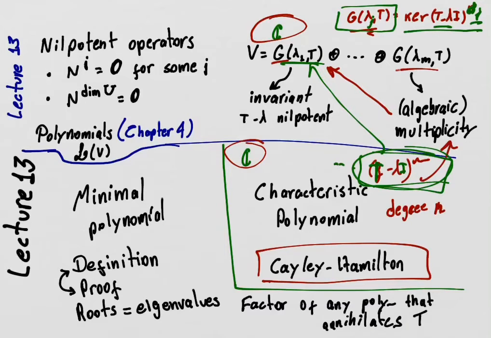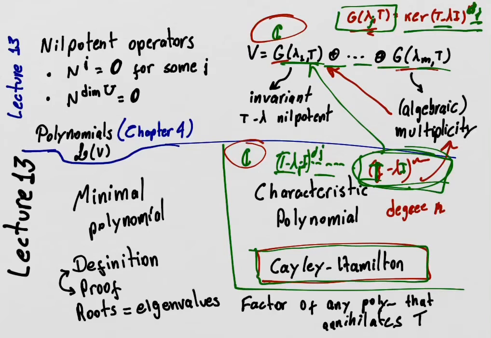And since you are composing many of these, each factor in this composition will ensure that the operator is giving zero for generalized eigenvectors corresponding to any eigenvalue. So that's how we get Cayley-Hamilton theorem.